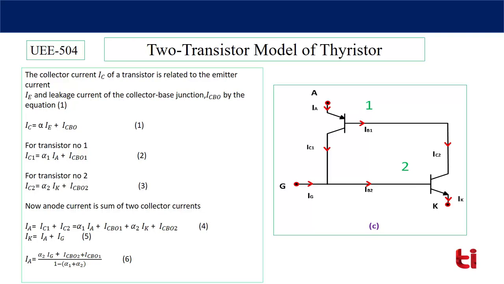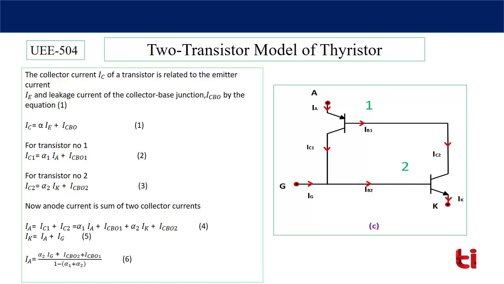At the same time, if IG is equal to 0, it is not possible to make alpha 1 and alpha 2 close to unity. So we can say from here that if a small amount of gate current is applied, then IB2 will increase, IC2 will increase, IA will increase. Ultimately, alpha 1 and alpha 2 will increase.